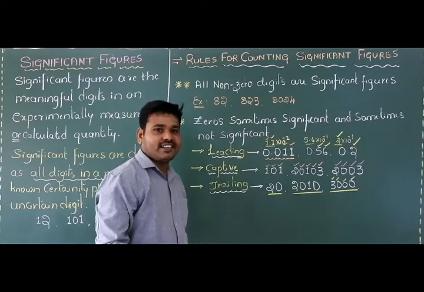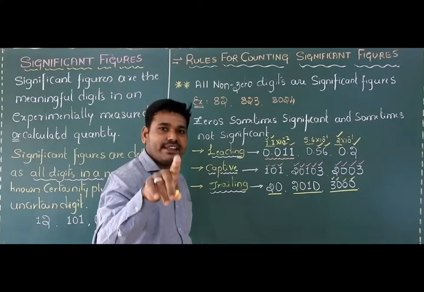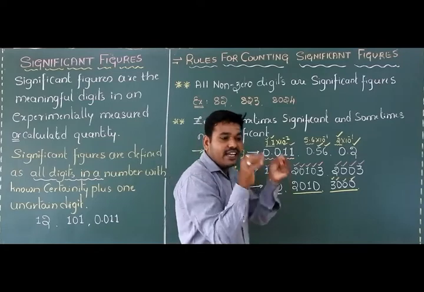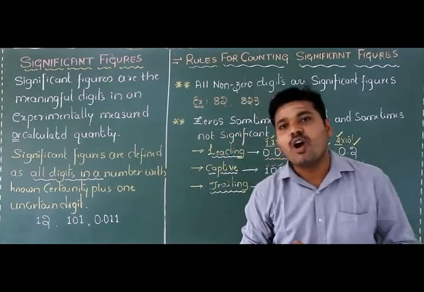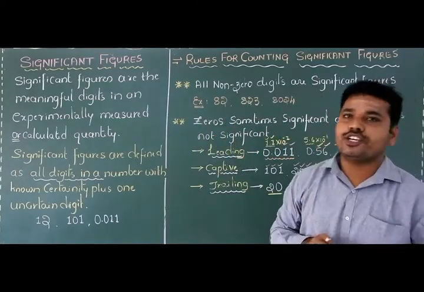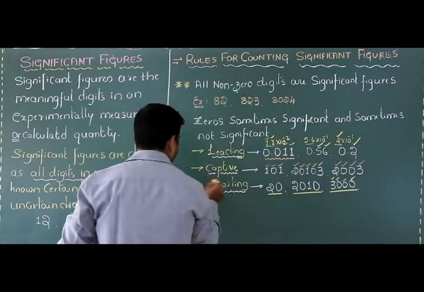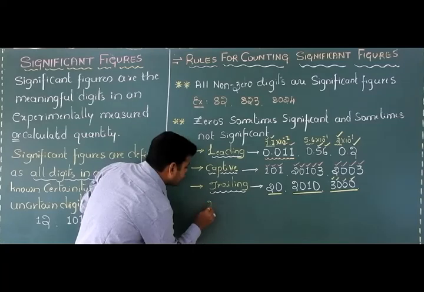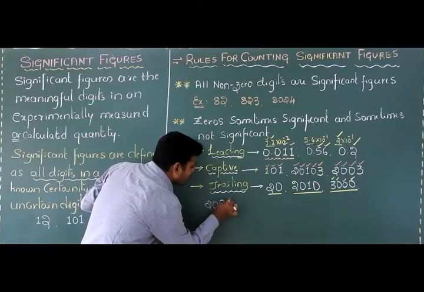And this difficulty can be resolved by expressing the given numbers in scientific notation or exponential notation. Let us take one more example, 2000.